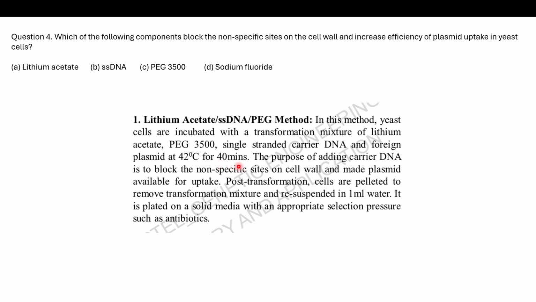So this carrier DNA is actually added to form a complex which blocks the non-specific sites on the cell wall, and the plasmid, the one which we want to introduce inside the cell, is ready for uptake. Okay, so the answer will be option B, single stranded DNA. The single stranded carrier DNA actually blocks non-specific sites on the cell wall.